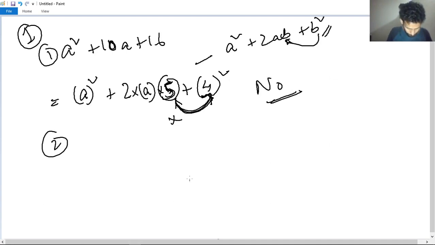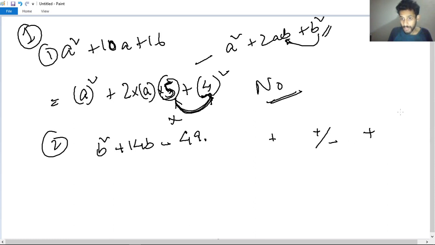Next one is b square plus 14b minus 49. Here the first part should be plus, the second part can be plus or minus, and the third sign should be plus always.